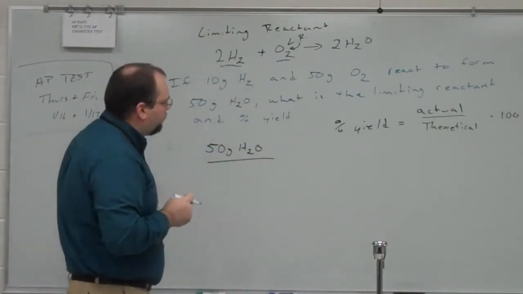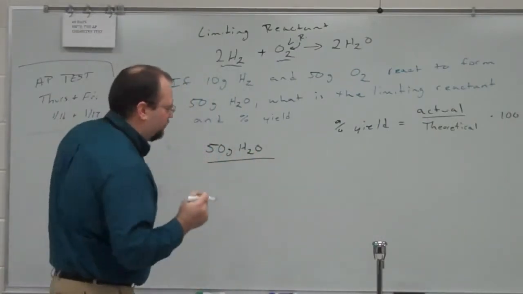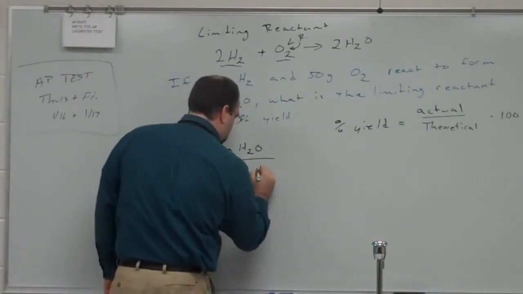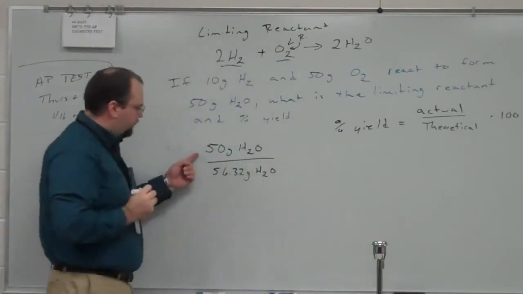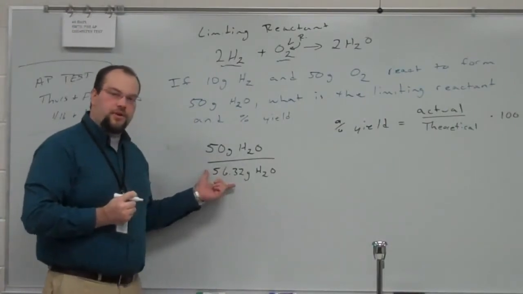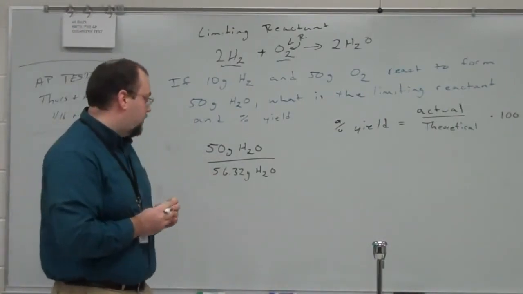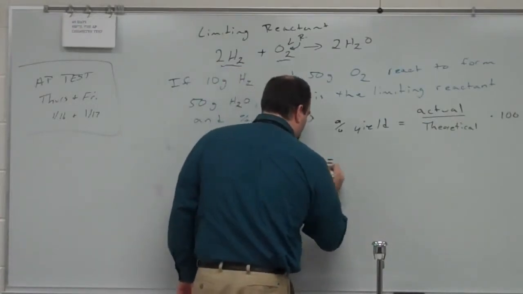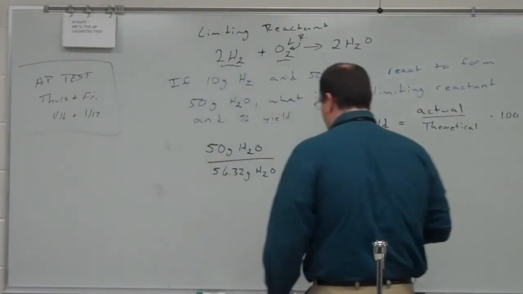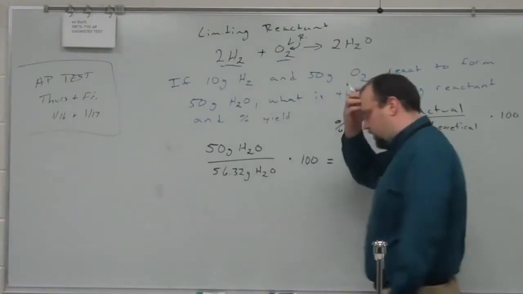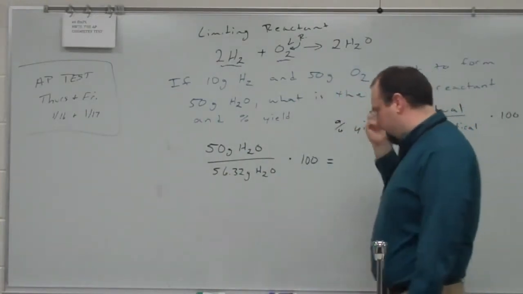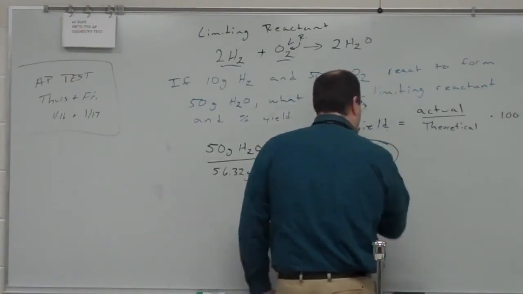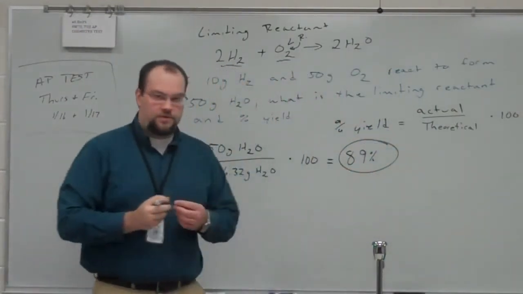However, oh shoot, and I erased it. I believe the O2 was 56.32 grams. So my actual is 50. I theoretically should have gotten 56.32 grams. All right, I divide those two, multiply it by 100. Okay, so it's going to be less than 100%, probably 89%. So my percent yield was 89%.